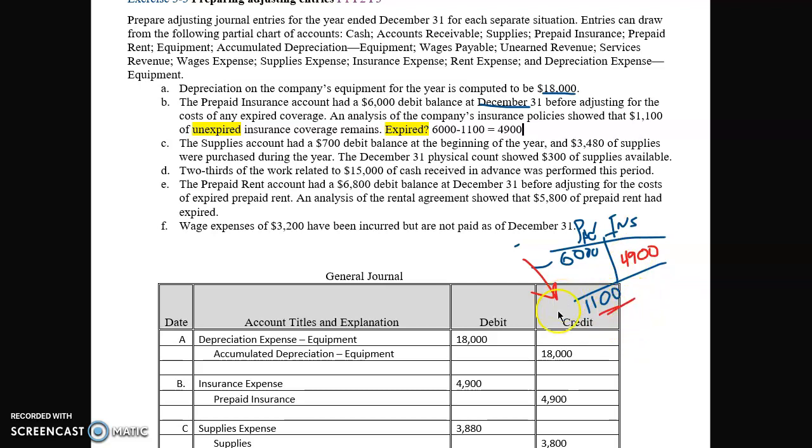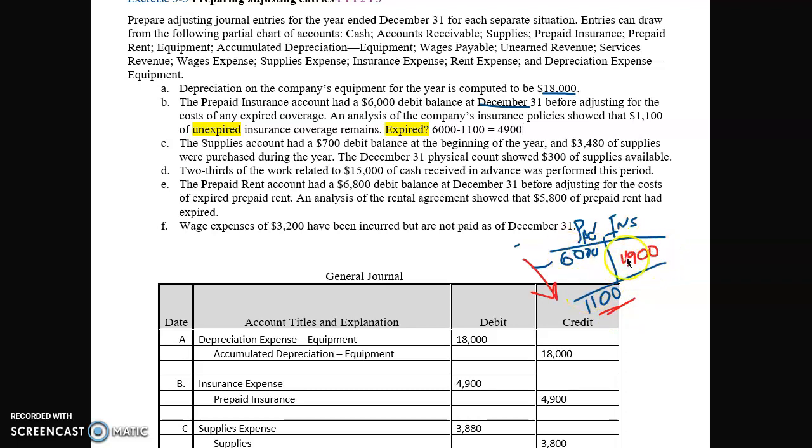So let's look at it from another angle. You're reading the problem, and it says, okay, we're $6,000. But we've done some work and the unexpired amount's $1,100. Well, that's the fancy talk for saying that's the balance that should be in prepaid insurance. That means we've used up, consumed $4,900 of the $6,000.